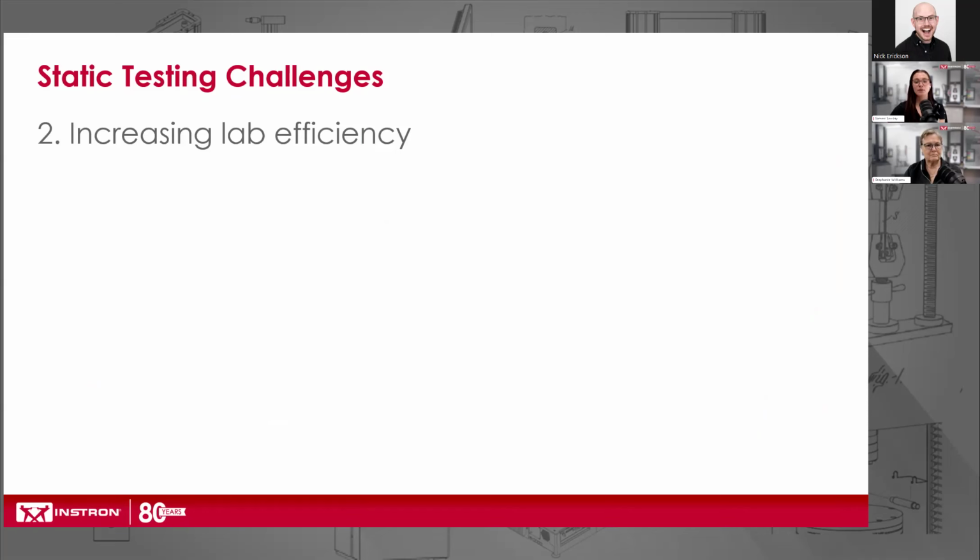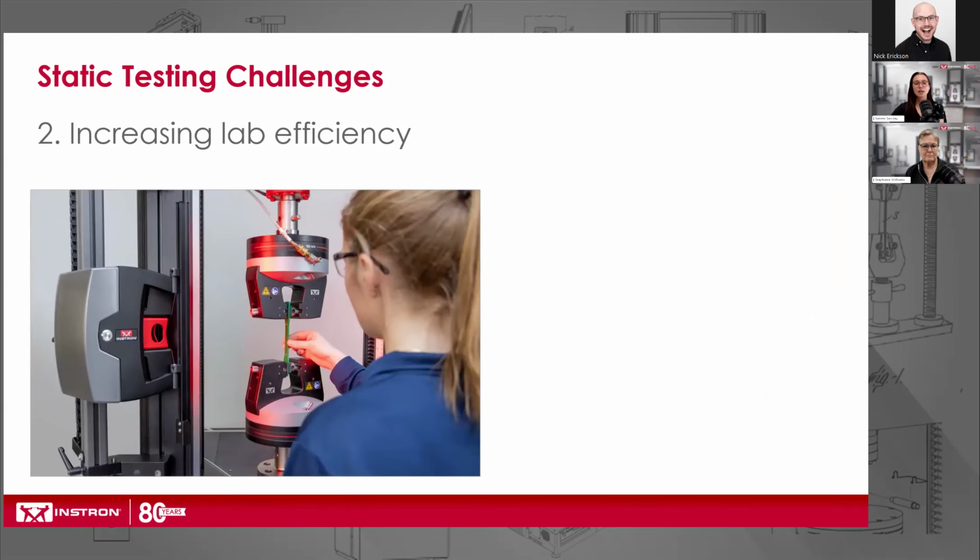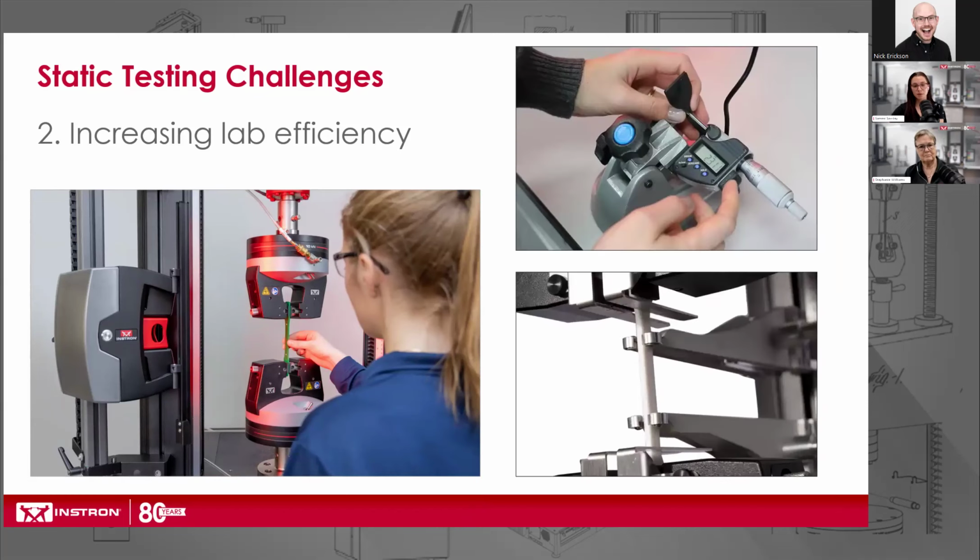Increasing our lab efficiency is something that we're always striving for. Ultimately, the more automated we can be, the more efficient we can be. Adding something small, such as automatic accessories like pneumatic or hydraulic grips, will allow you to operate and load your specimen quicker, along with adding an automatic extensometer such as Instron's AutoX or AVE.